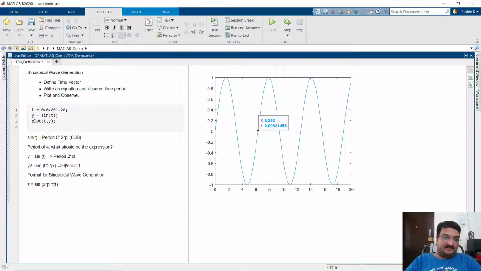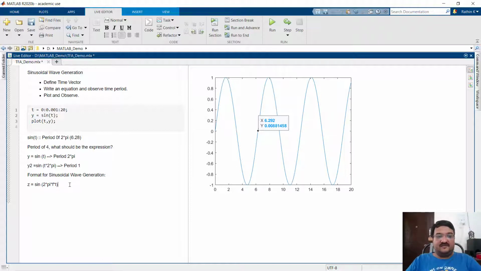You are multiplying your time axis, which was earlier just a time variable, by 2 pi in order to get an integer frequency, an integer time period.